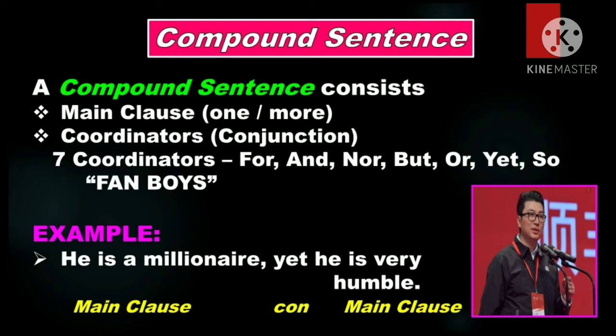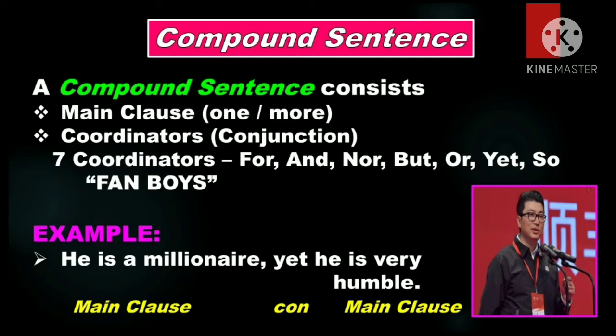The second one is the compound sentence. A compound sentence contains two or more main clauses joined together with a coordinator or conjunction such as for, and, or but. A main clause is a clause that contains the following three things.